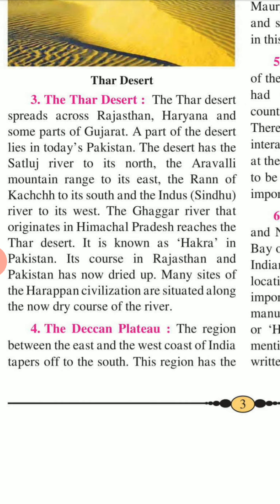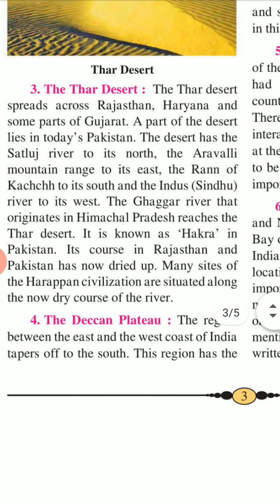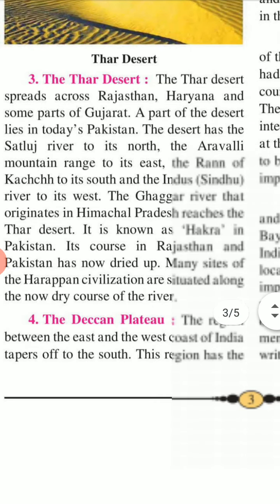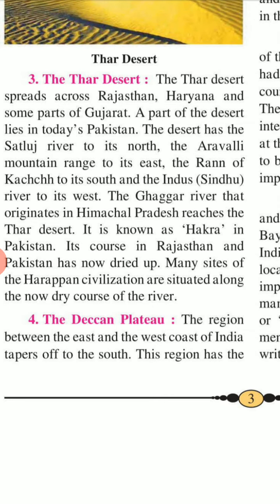The Ghaggar river that originates in Himachal Pradesh reaches the Thar Desert. It is known as Hakra in Pakistan. Its course in Rajasthan and Pakistan has now dried up. Many sites of the Harappan civilization are situated along the now dry course of the river.